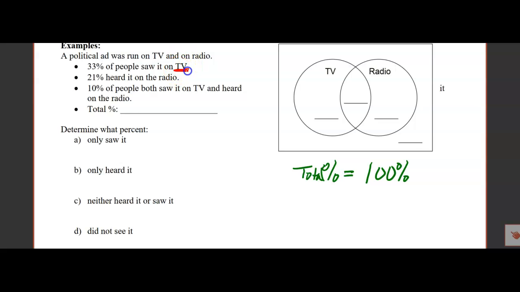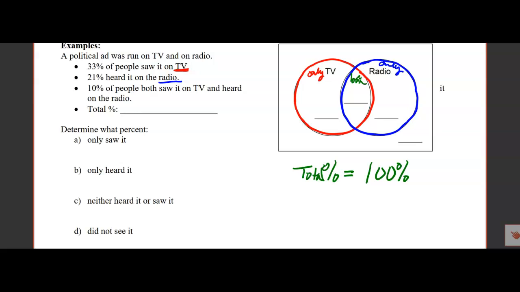I have essentially a TV circle, people who saw this ad on the TV. I have a radio circle, people who heard this ad on the radio. And obviously, over in here is only TV. Over here is only radio. And then in the middle is both. Okay.